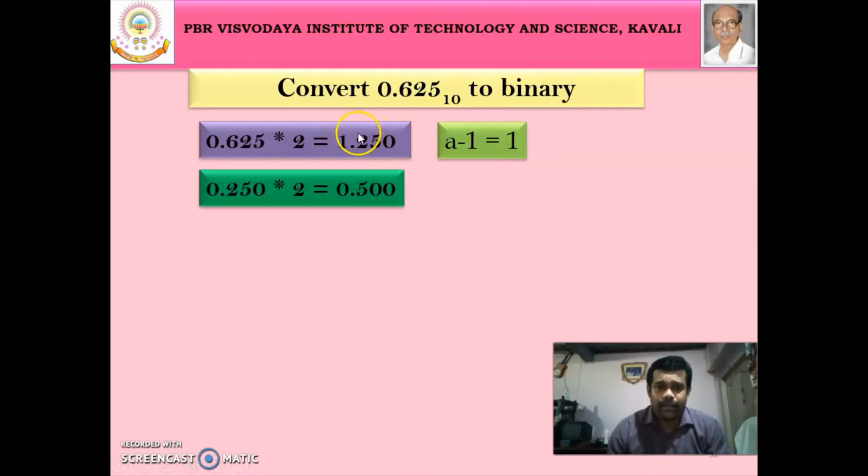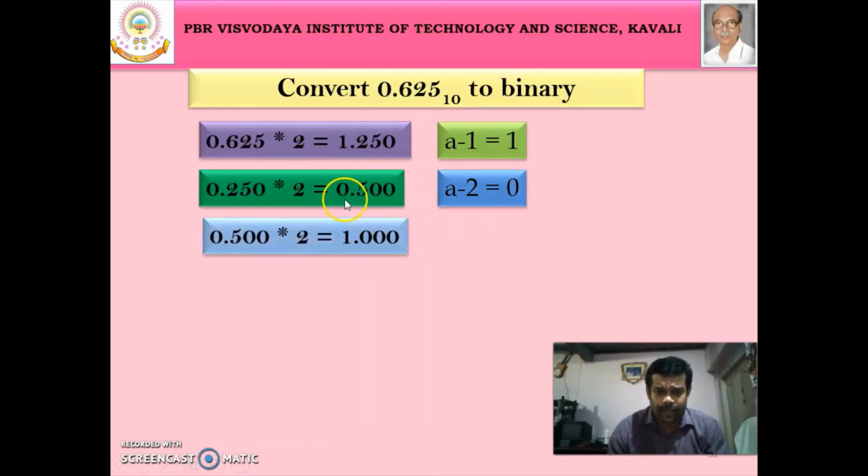Then we multiply 0.250 by 2 and get 0.5. We record this 0 as A2. Then we multiply 0.5 by 2. We get 1 as a carry, and the fractional part becomes 0. So we record this 1 as A3.